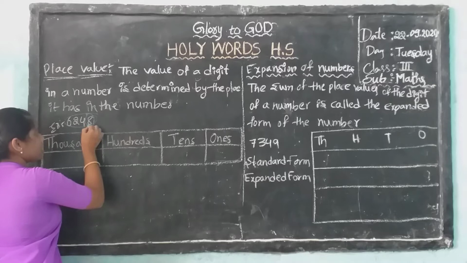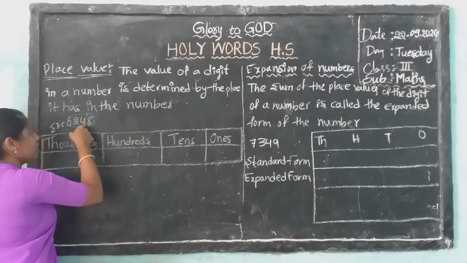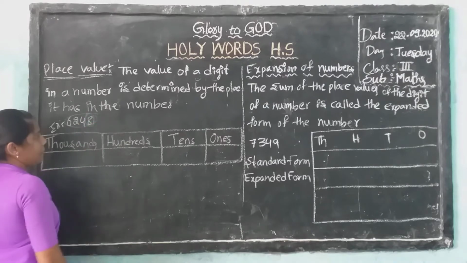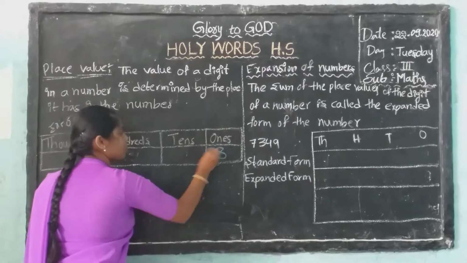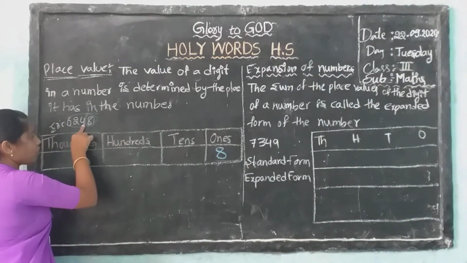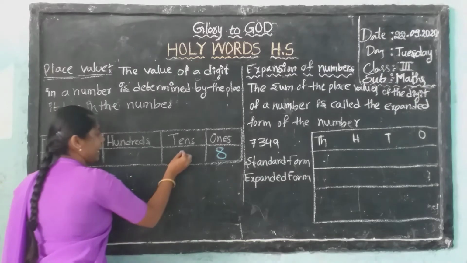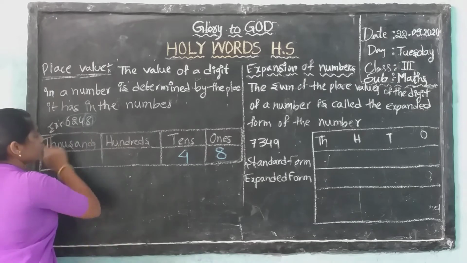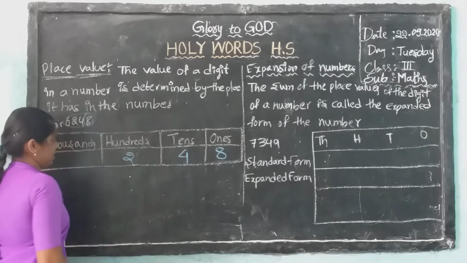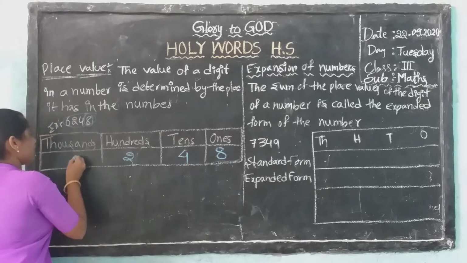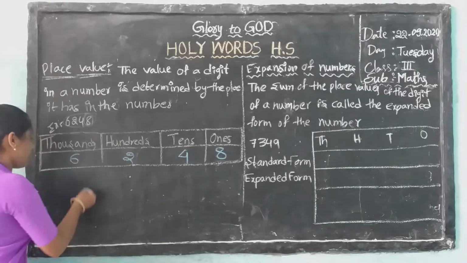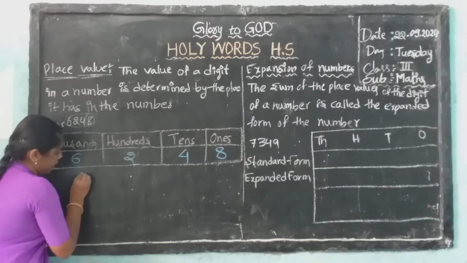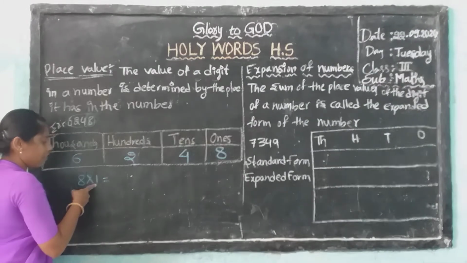Ones, tens, hundreds, thousands. 8 is in the ones place. 4 is in the tens place. 2 is in the hundreds place, and 6 is in the thousands place.